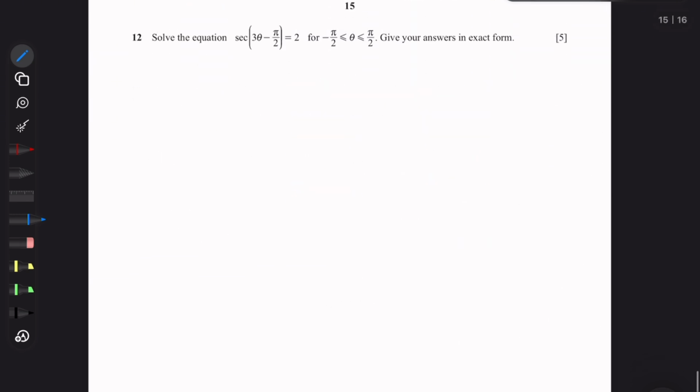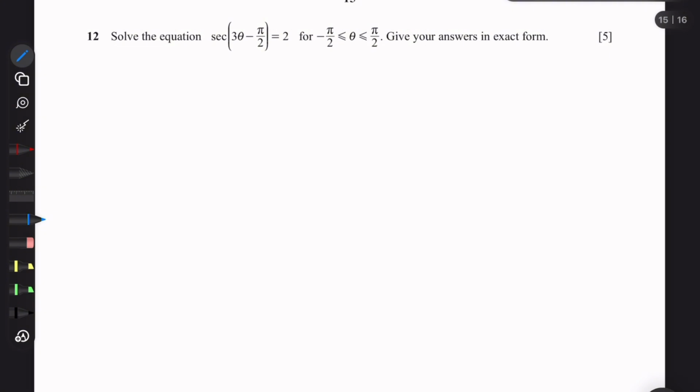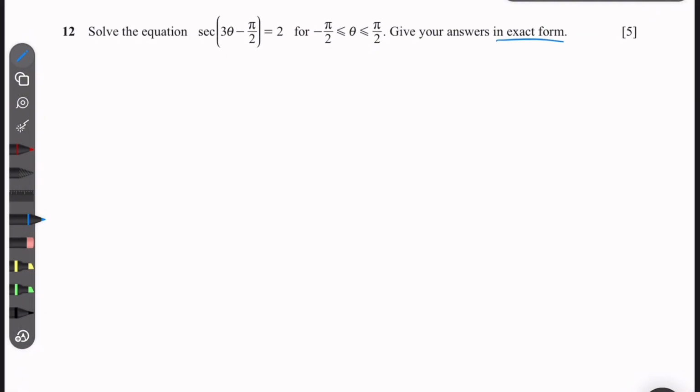Okay, question 12. Solve the equation for this range, giving your answers in exact form. So we can use trigonometric identities to change secant into 1 over cos. And then we can move 1 to the other side.